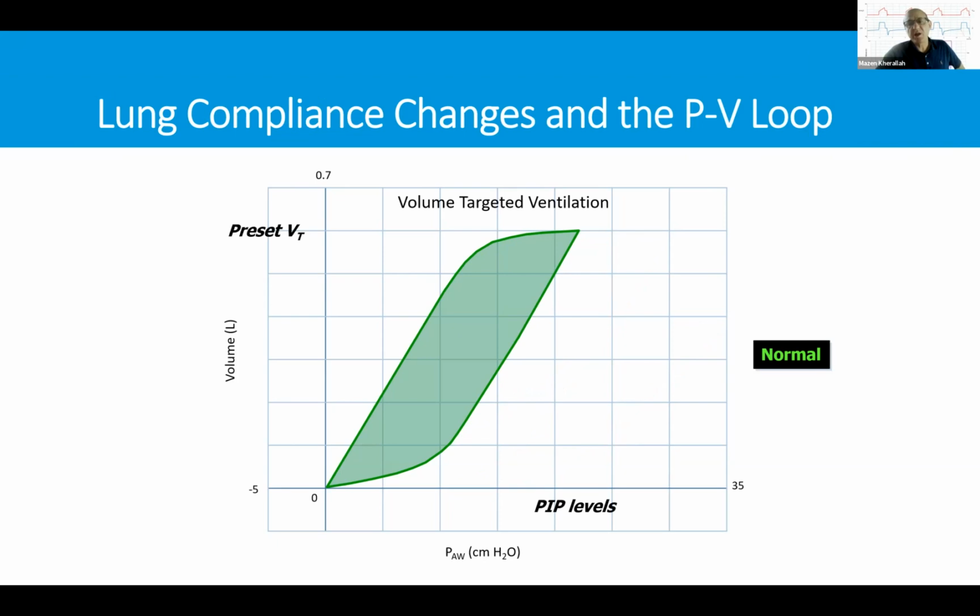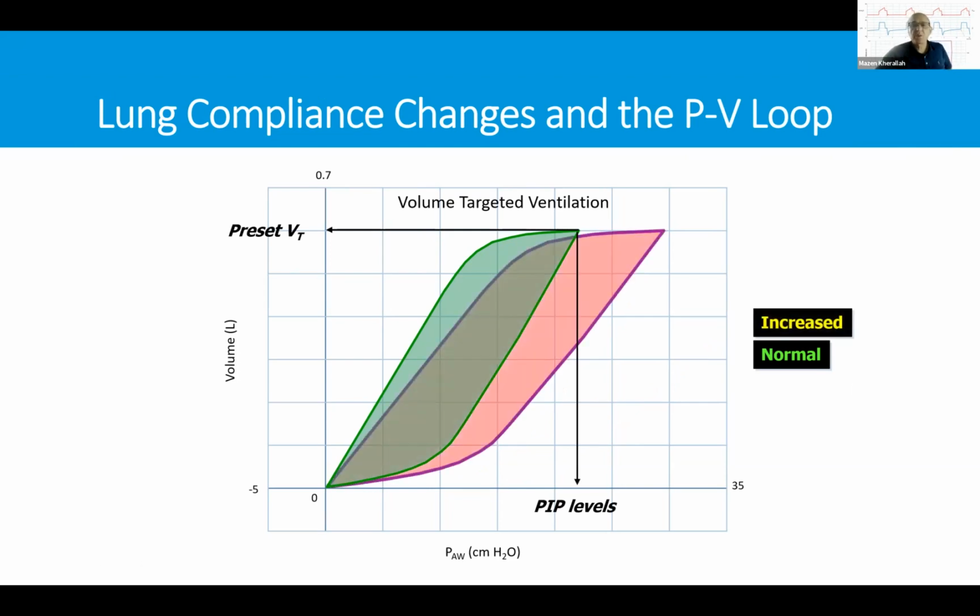Now, if you have volume targeted ventilation, the machine will target that volume no matter what. If you have a normal compliance, this is your PV loop. However, if you have a patient who needs to use more pressure to deliver the same volume, this is a patient who has increased elastance or decreased compliance.